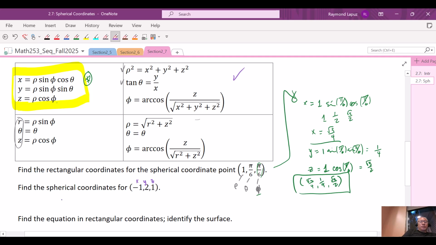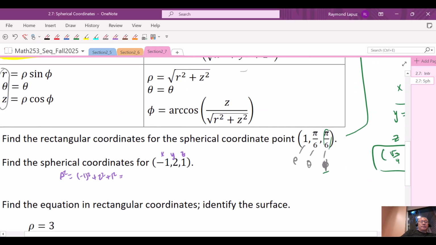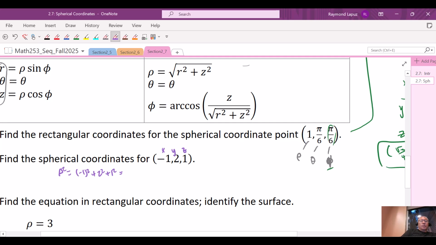So rho squared is going to be -1 squared plus 2 squared plus 1 squared. So that is going to give us 4, 5, 6. So we can say that rho is equal to root 6.